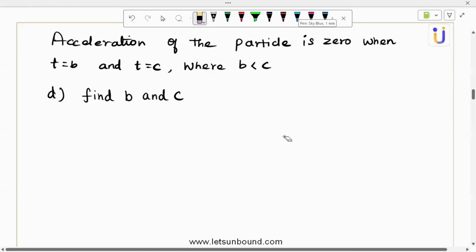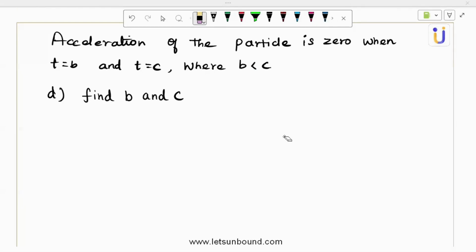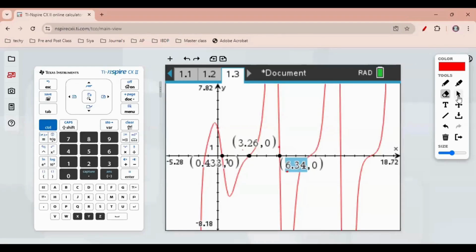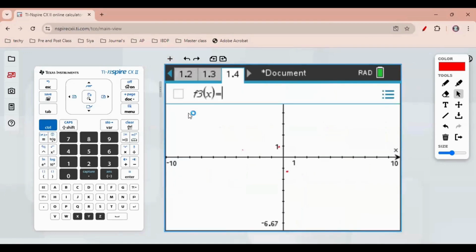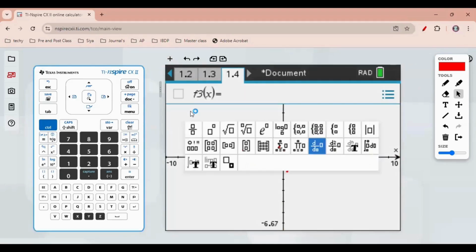Here we go. This is actually already graph 1. We are not going to use it. Let's add a new graph, which is the second differentiation. Acceleration is the second differentiation, and here we go. D square, this box we can see, right?